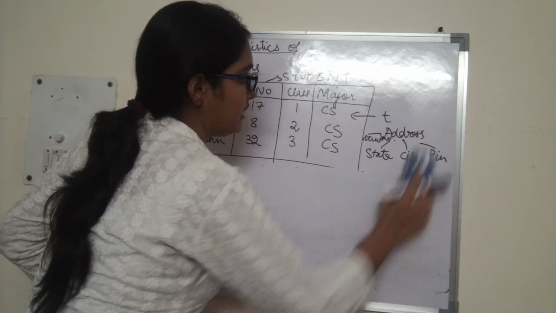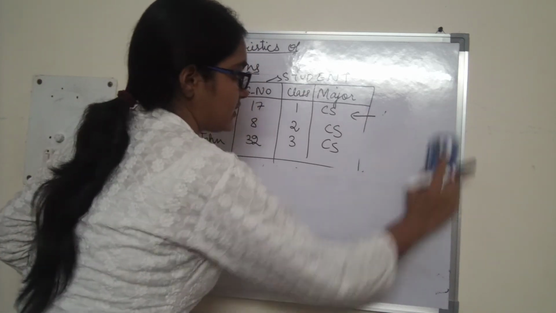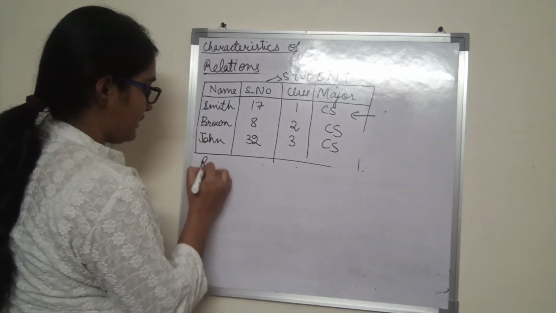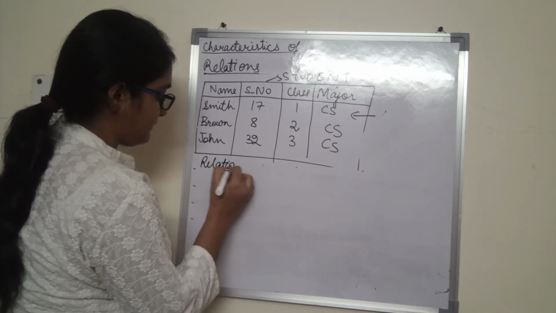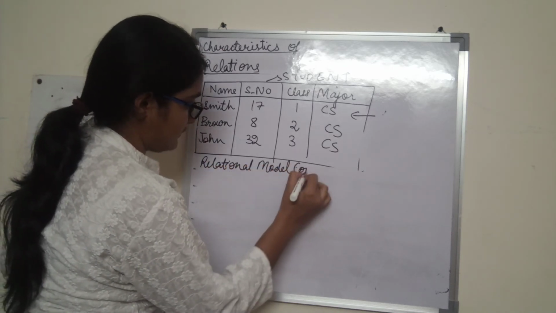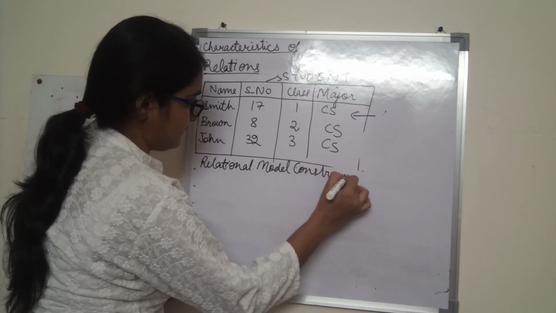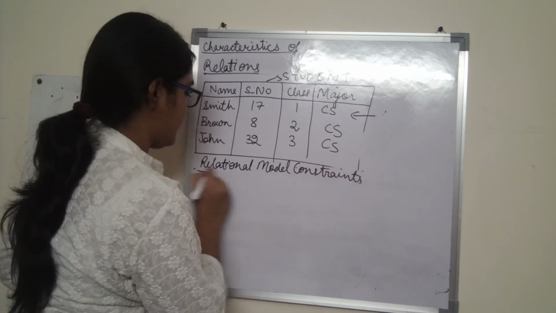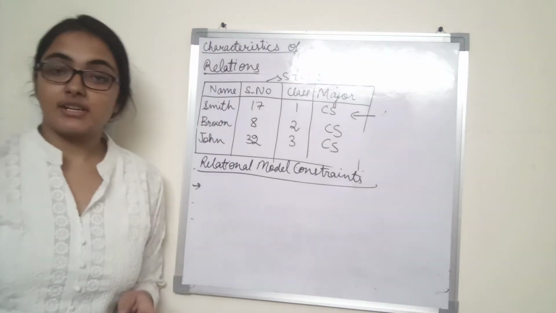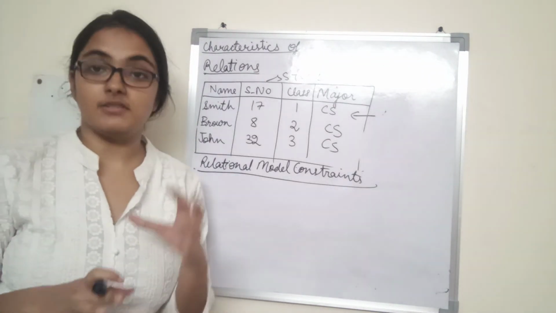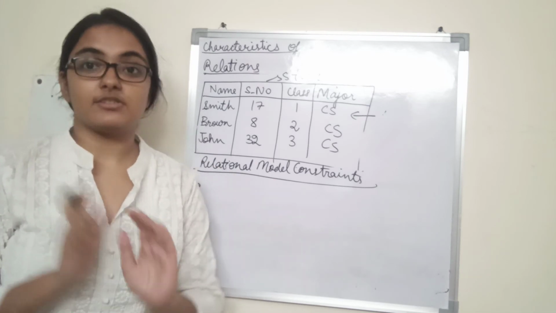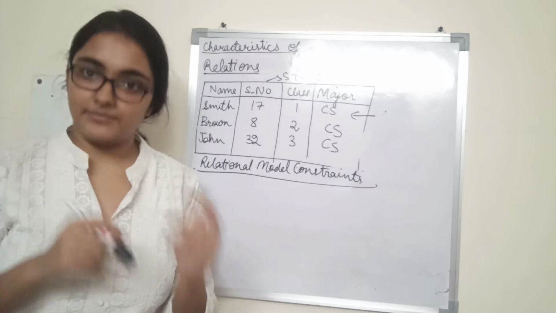Let's talk about relational model constraints. So the relational model constraints means restrictions that are applied to the values that we enter in a relation. So these restrictions are called constraints, right?